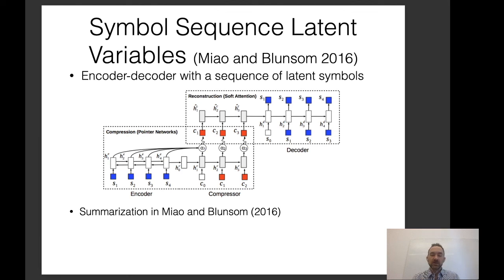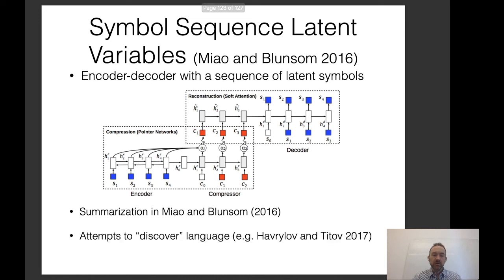So this gives you two nice latent biases: we would like the latent variable to look similar to the input because you're allowed to copy words, and we would also like the latent sequence to look like natural text. So this can be used for summarization, and basically what it does is compress down the input into a latent variable sequence.